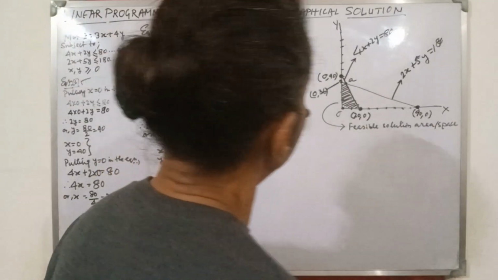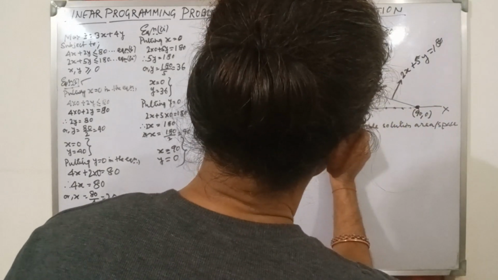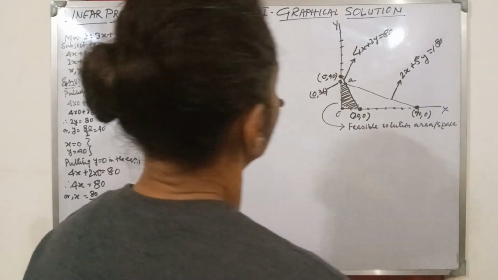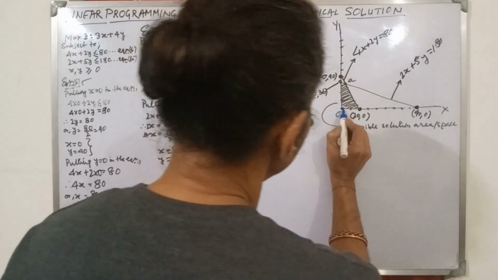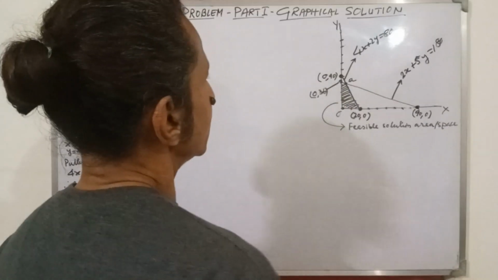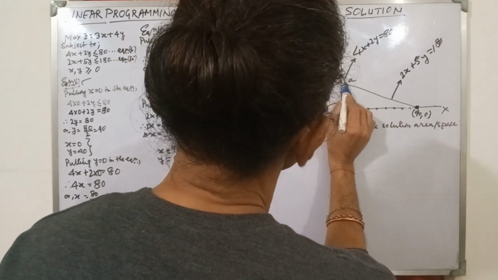So we have got an enclosed area with 4 corners. This one, first, second, third and fourth. We need not consider this coordinate because 0, 0 means profit is 0. We shall only consider the coordinates of these 3 points. This point, A, and this point.